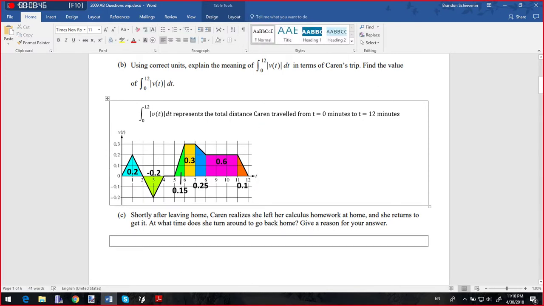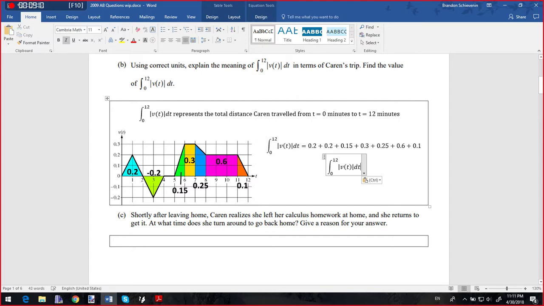Okay, so I could say that this integral is equal to the sum of all of my areas, which ended up being 1.8.